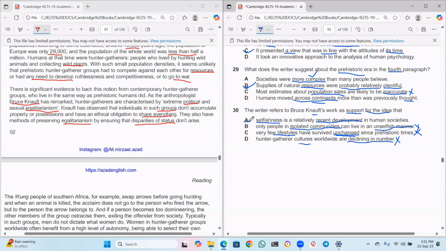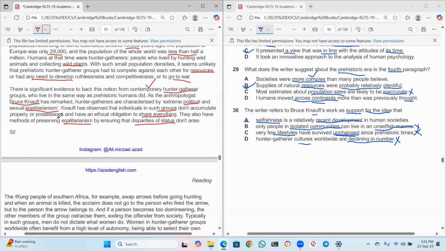But that is not my reasoning, okay? I'll tell you the reason why A should be the answer. Here he says, Knauft has observed that individuals in such groups. Which group is he talking about? Hunter-gatherer groups. Contemporary means modern. Modern hunter-gatherer groups don't accumulate property or possessions, right?